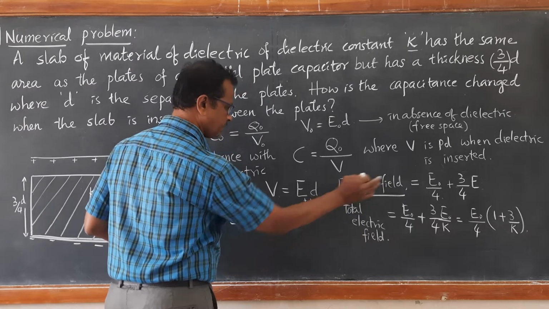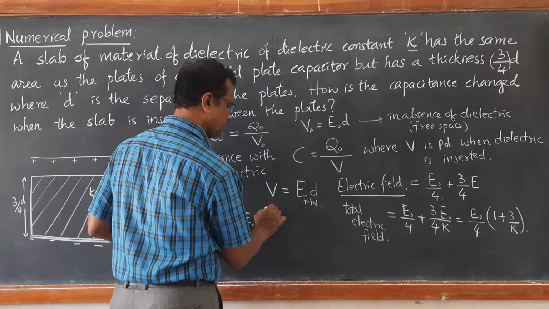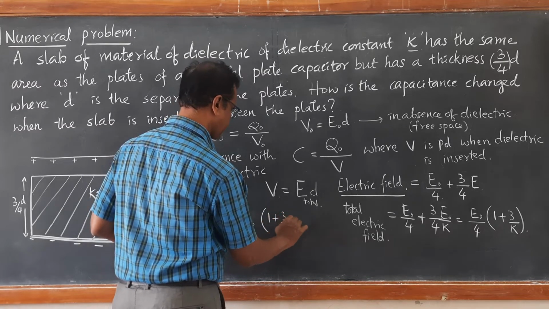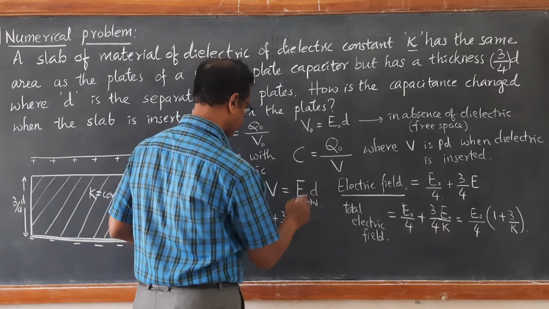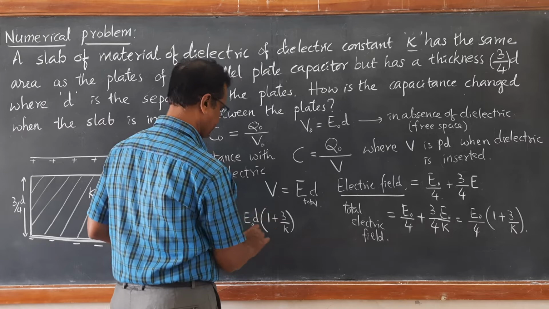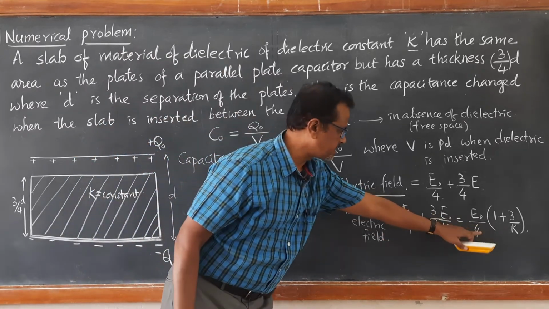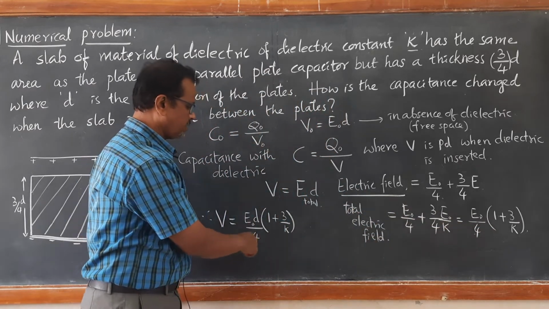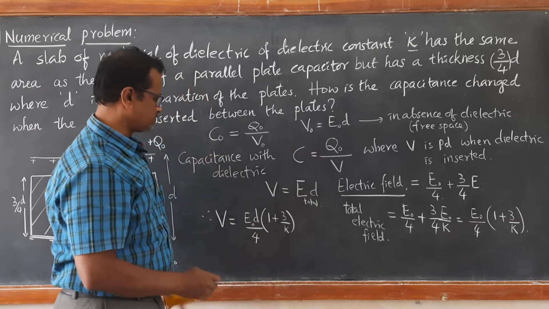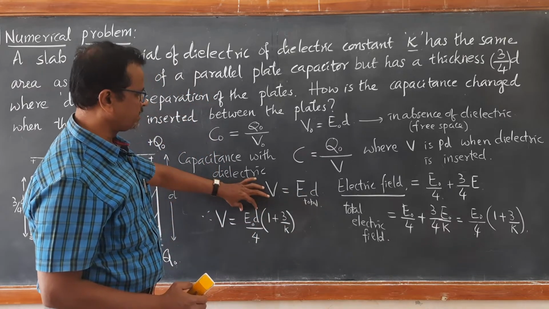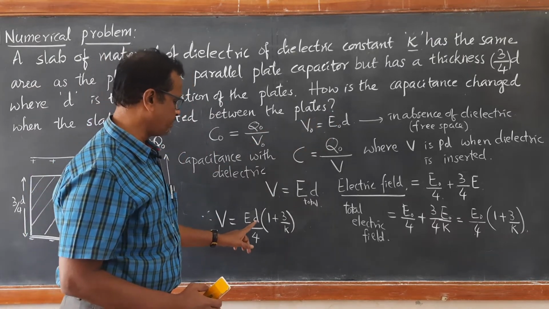I am substituting E total by the value E naught by 4 into 1 plus 3 by k into d. This E naught into d, we know, is V naught.